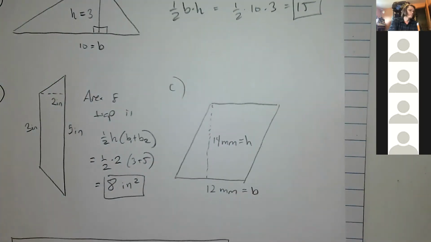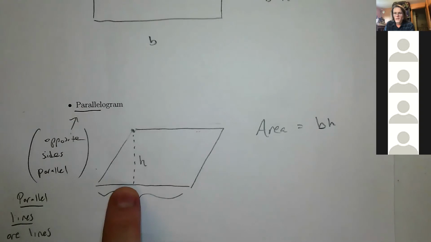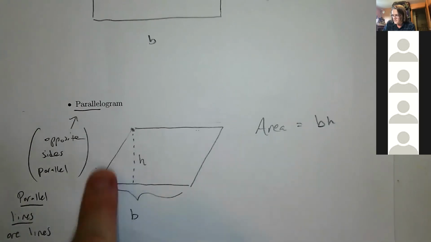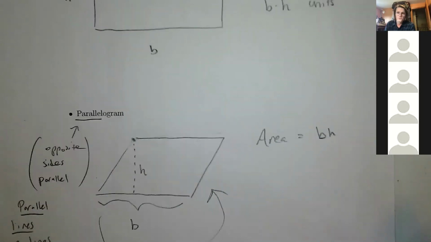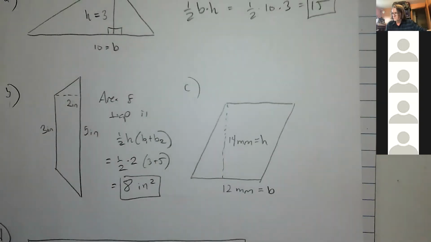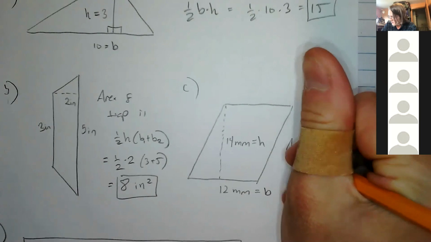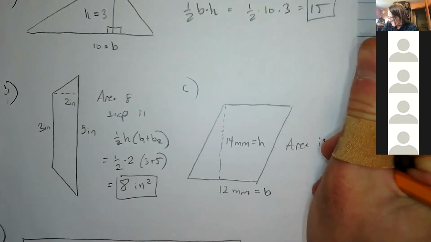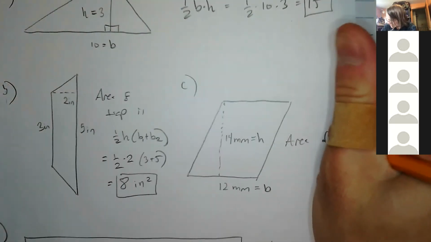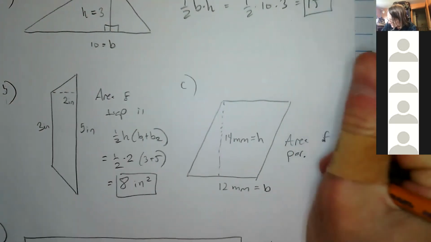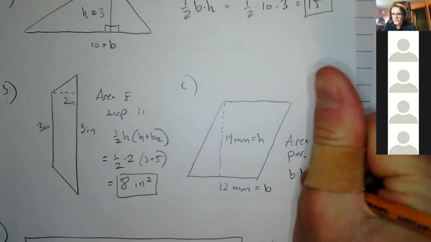And then you just go back to where we did it. Ah, here. And remember, for the parallelogram, there's no 1/2 because you just take this little triangle and move it over there, and it makes a rectangle. So it's just base times height. So area of a parallelogram is base times height.